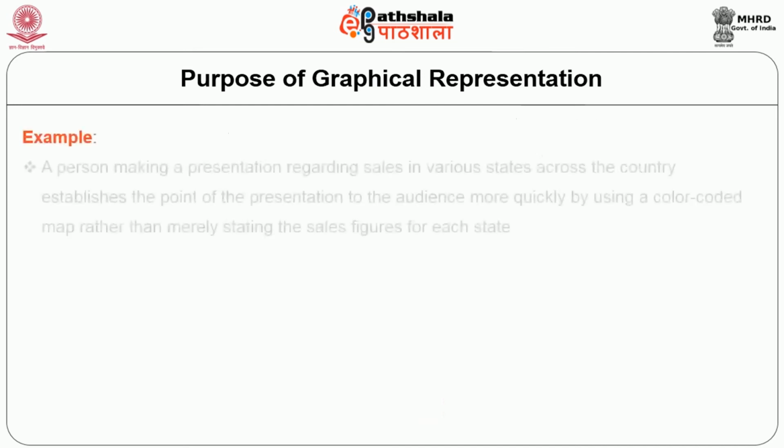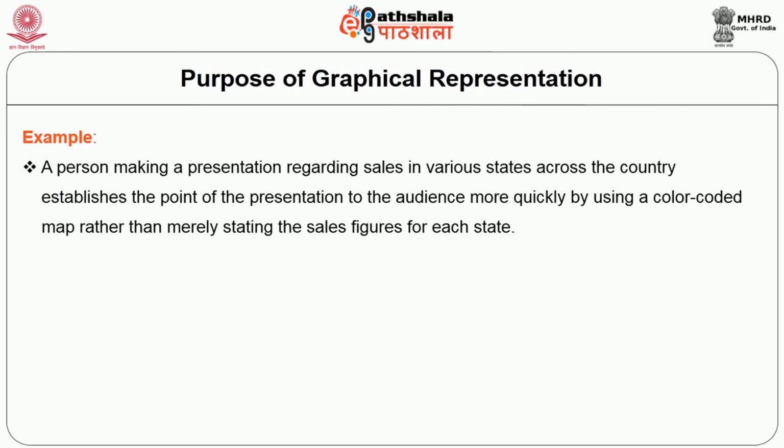For example, a person making a presentation regarding sales in various states across the country establishes the point of the presentation to the audience more likely by using a color-coded map rather than merely stating the sales figures for each state.